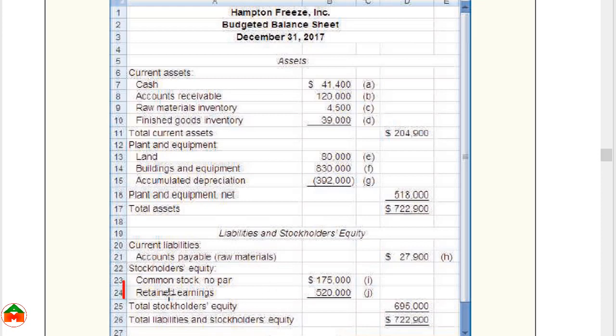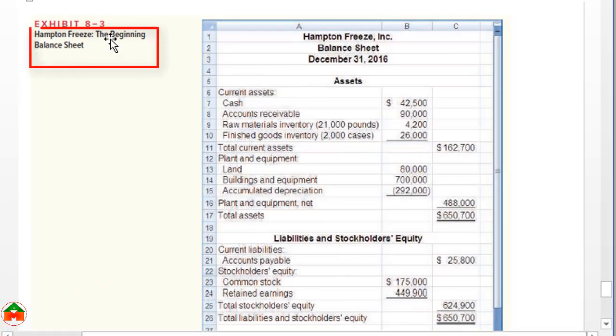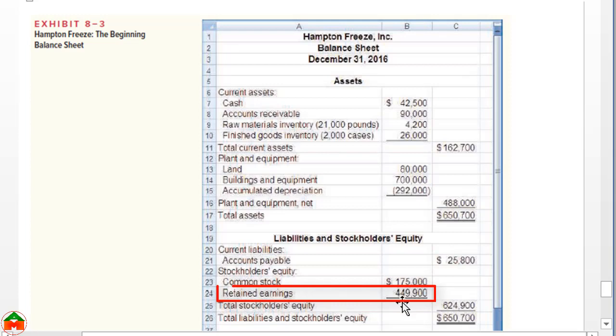Then we can see retained earnings. Here the closing balance in the budgeted balance sheet of retained earnings is 520,000. We will get this amount from the beginning balance sheet as well as the additions and subtractions taken from the previous budgets. From the beginning balance sheet our opening balance of retained earnings is 449,900, and with this amount we will add the net income, taken from the budgeted income statement.